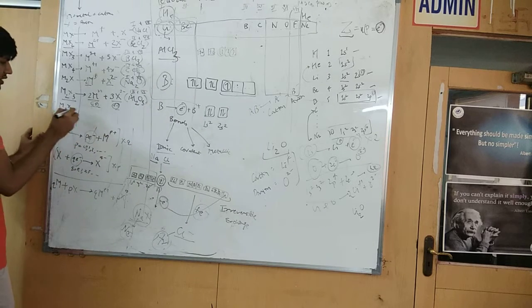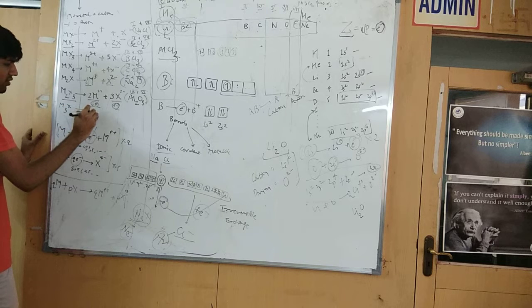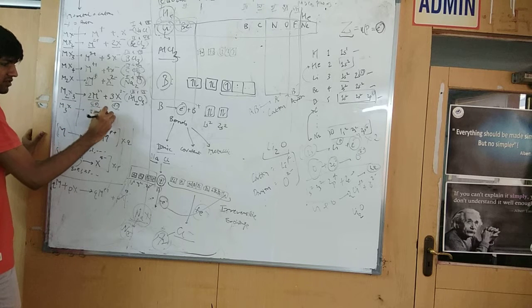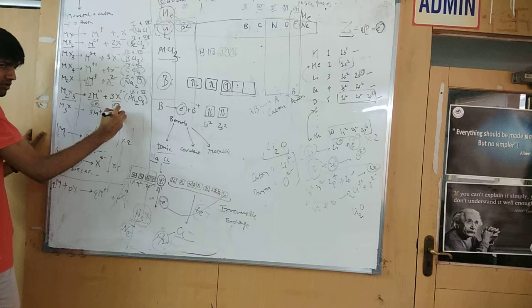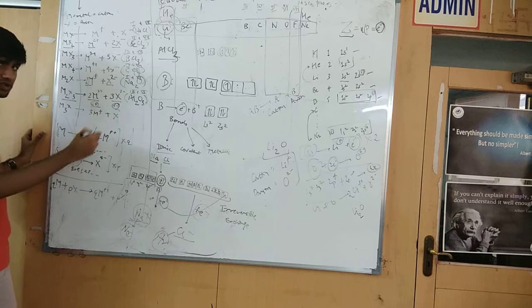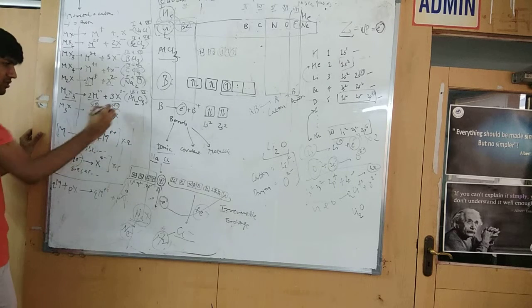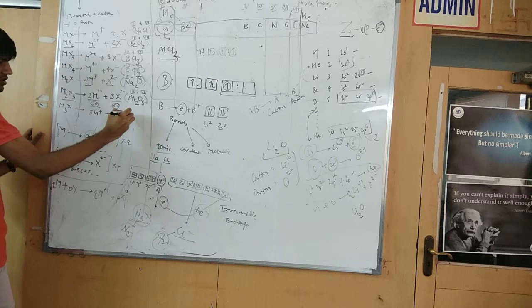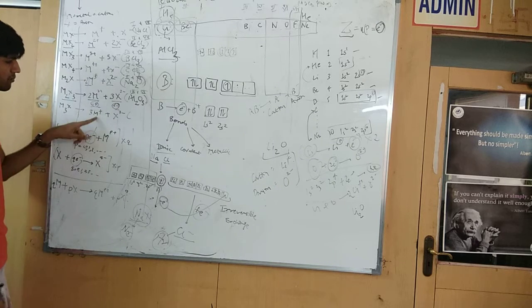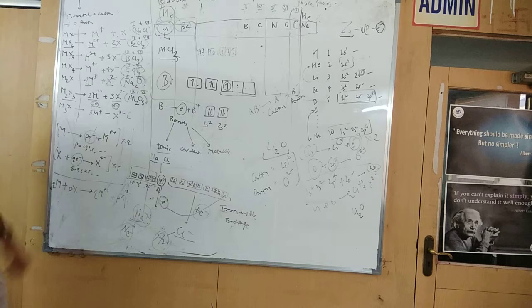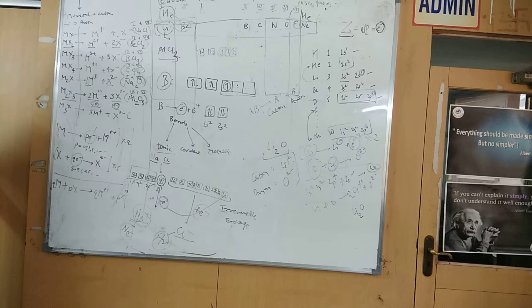In this way, let's take M3X first. In M3X, what will happen? 3M+ and X with how much charge? Minus. Exactly, 3 minus. Example, M+ and X3-. Which one is a good example of M3X?